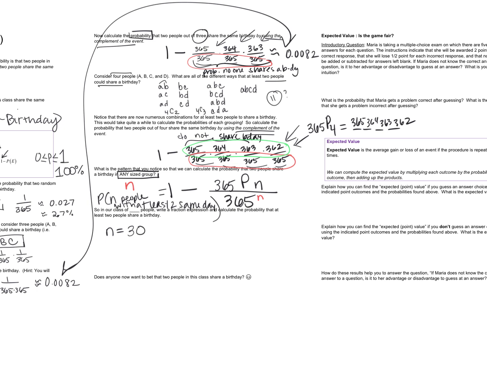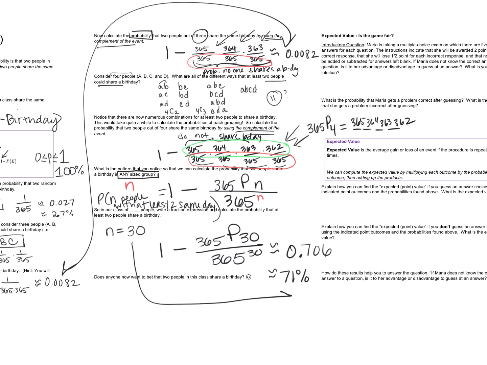The probability of this happening is going to be 1 minus 365P30 over 365 to the 30th power. When you enter that into your calculator, we get about 0.706, which is about 71%. So in a group of 30, there's a 71% chance that they would share a birthday.